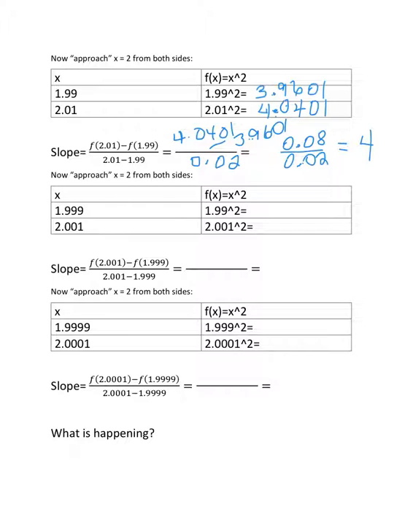So we will continue the table onward. And when x is 1.999, we see that y is 3.99601. And when x is 2.001, we see that y is 4.004.